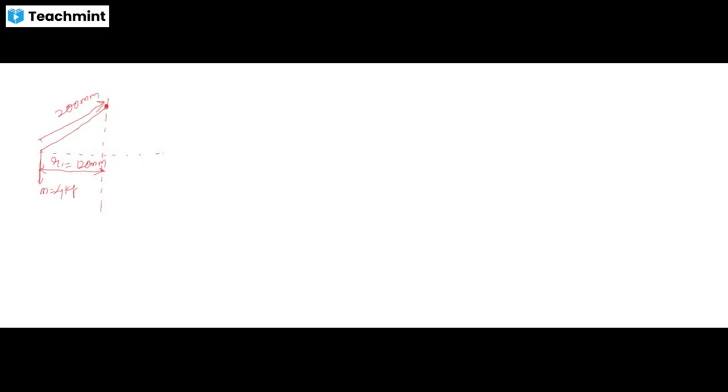And if you consider the bottom side, here you are going to get capital M, it is M by 2. This length is also 200 mm.